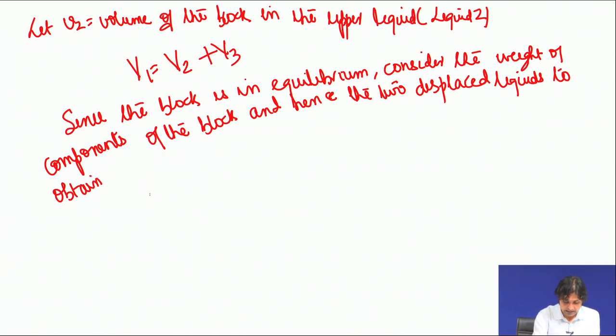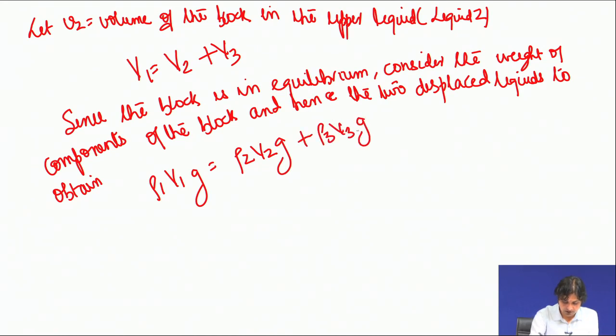So how do we get that? Rho 1 V1 g is equal to rho 2 V2 g plus rho 3 V3 g, right.